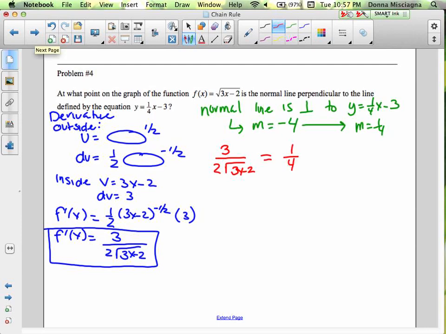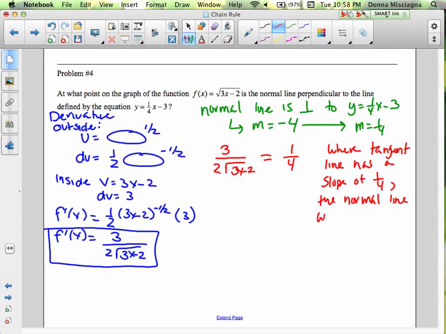Because where the tangent line has a slope of 1/4, the normal line will have a slope of -4.